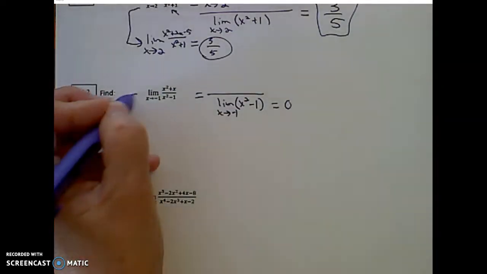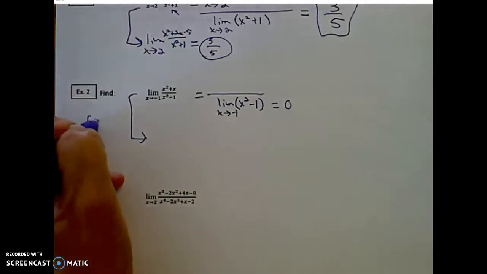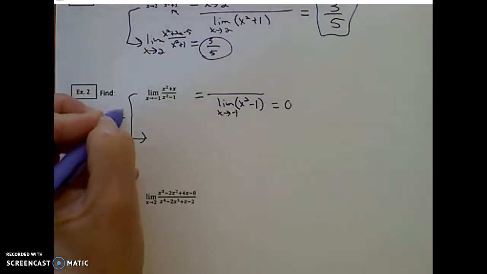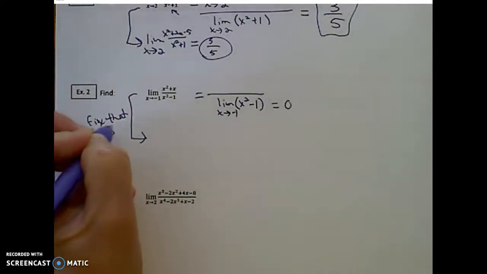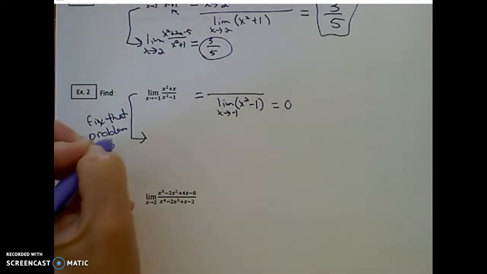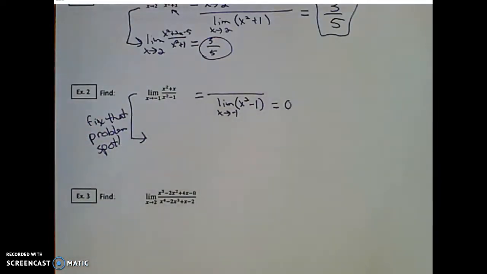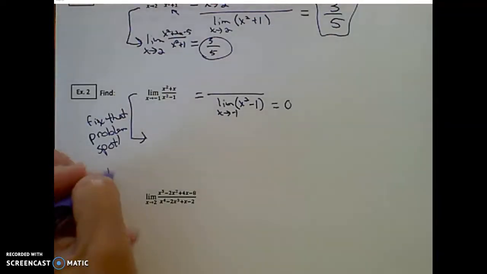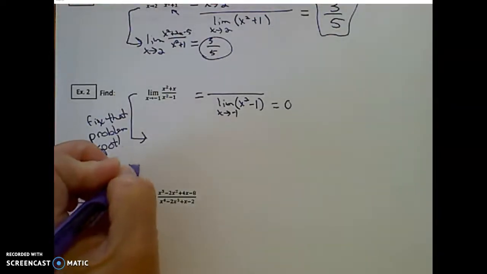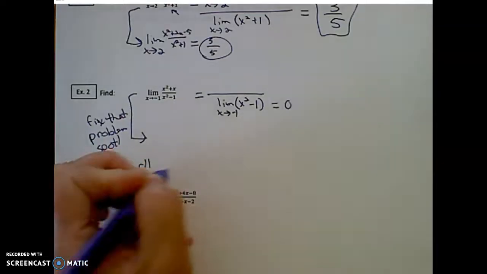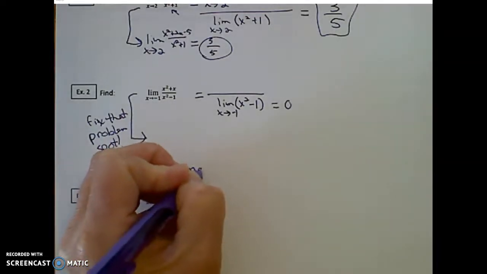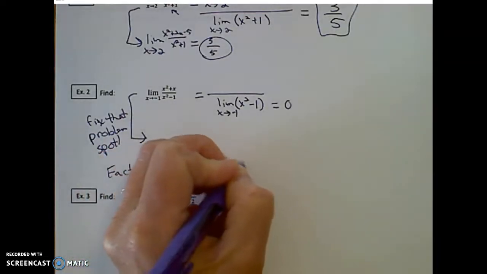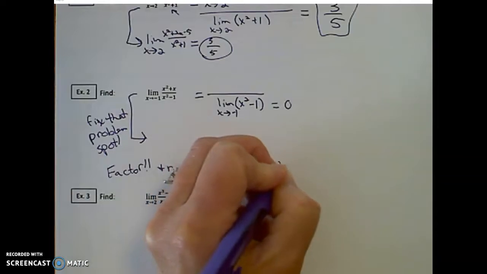And I'm going to have a problem. So I'm going to right away try to fix that problem spot. I know that the limit in the denominator is going to equal 0, so let's fix that problem. A typical way to fix that problem is to factor, and I factor and remove that problem.